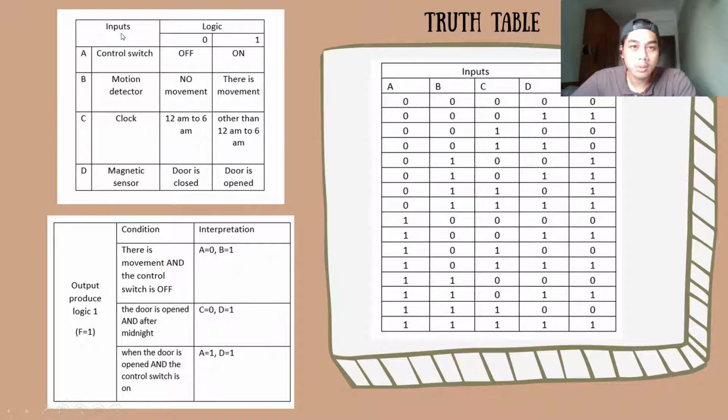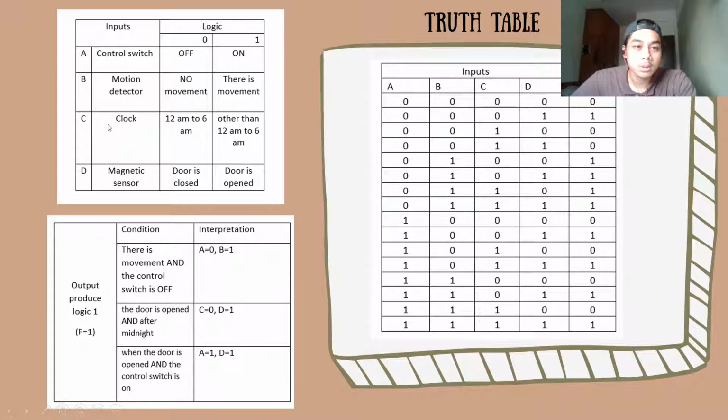So inputs, we have four inputs, that is inputs A, B, C, and D, whereby input A is the control switch. If the control switch is off, the logic is 0, otherwise it is 1. Input B is the motion detector. When there is no movement, the logic is 0, and if there is movement, the logic is 1.